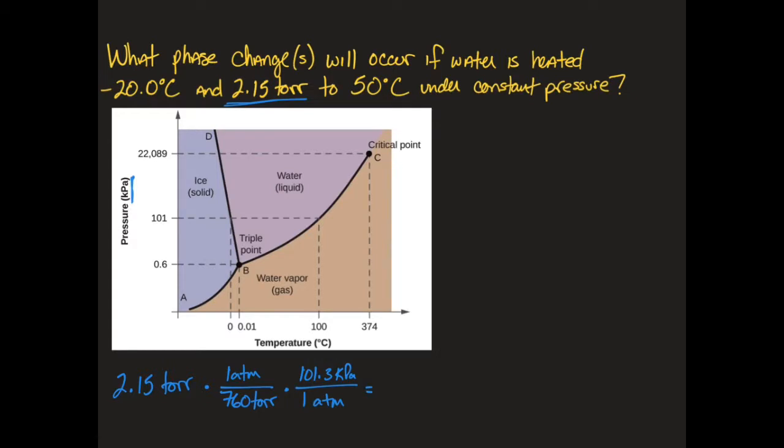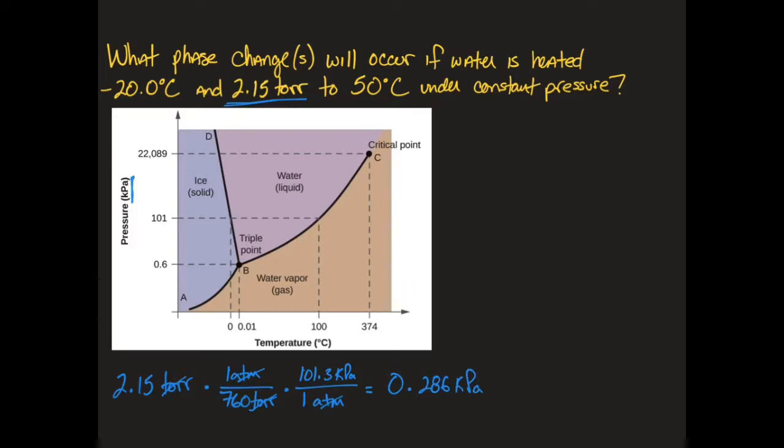And I'm using conversion factors that are going to be on your conversion sheet. Or at least I'm trying to do that from memory. I don't have a copy of that right in front of me. So 2.15 divided by 760 times 101.3. That lets us know our starting pressure is 0.286 kilopascal. So pretty low pressure here.